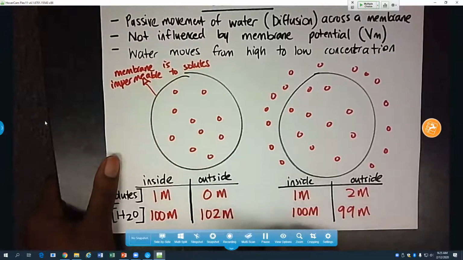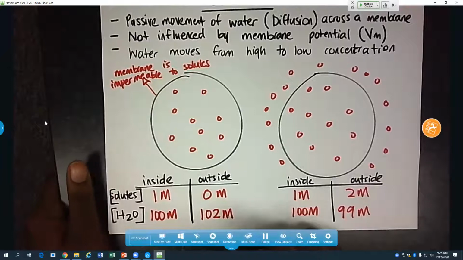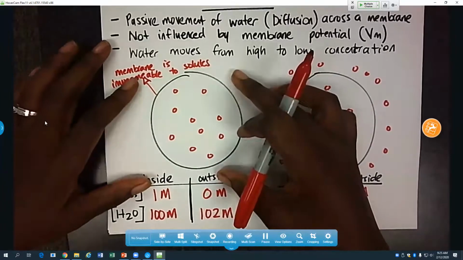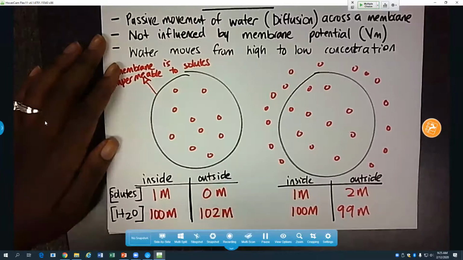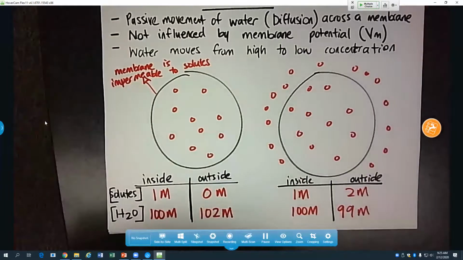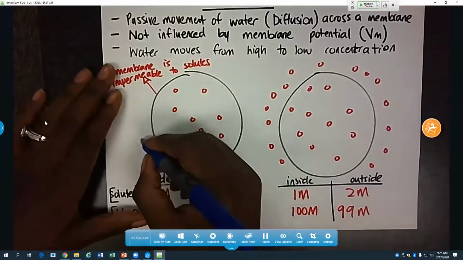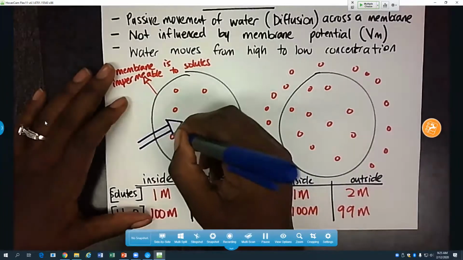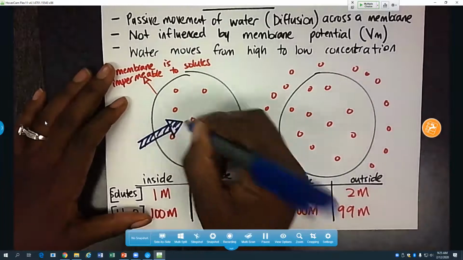So is there a gradient in terms of the water concentration? There is. Where's water at its highest concentration, the outside or inside? Outside. So there's the higher water concentration outside, a lower water concentration inside, and so we have the movement of water, again passively, into the cell, from high concentration to low concentration.